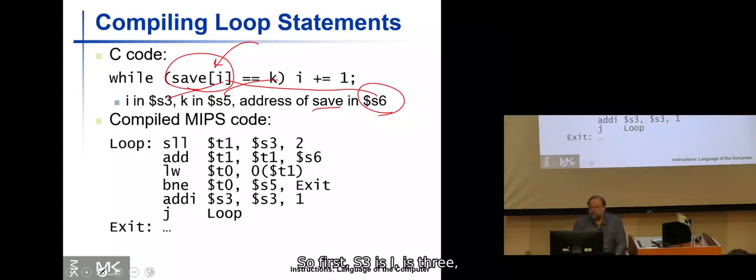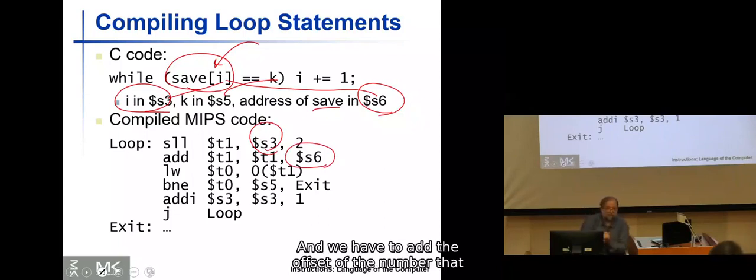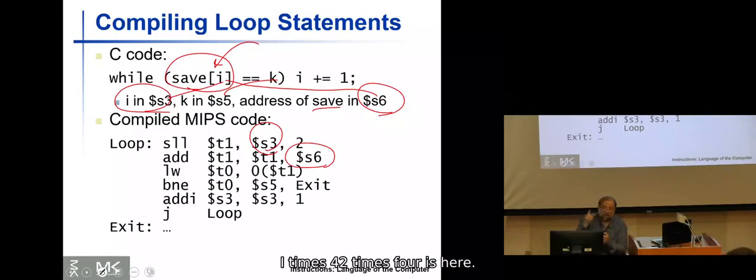So first, S3 is I. So we multiply I by 4. Then we have to find the address. The base address is S6, and we have to add the offset, I times 4, to that.